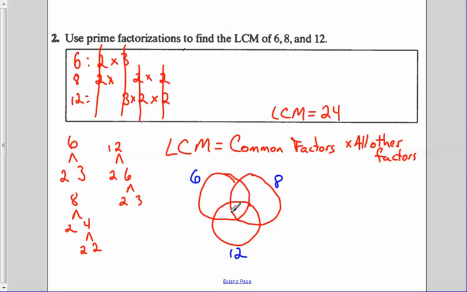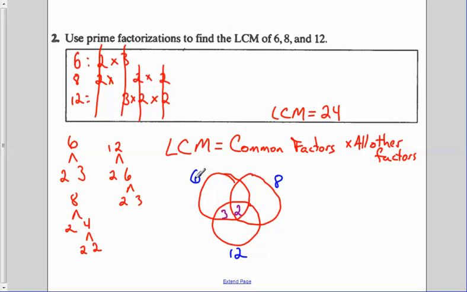So 6 has 2 and 3, but 6 shares 3 with 12. So 6 and 12 share a 3, so I'm going to put the 3 where the 6 and 12 overlap, but it also shares a 2 with 8, and 12 also has a 2. So I'm going to put a 2 in where they all share.